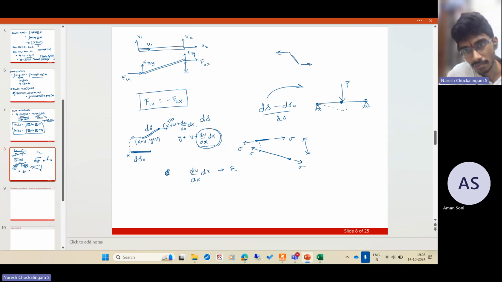After deforming, it takes up some shape like this. Now, if you just do a linear analysis, we'll say at this point there will be no resistance to vertical load, because if the material stiffness is just you'll get AE by L, minus AE by L, and so on.